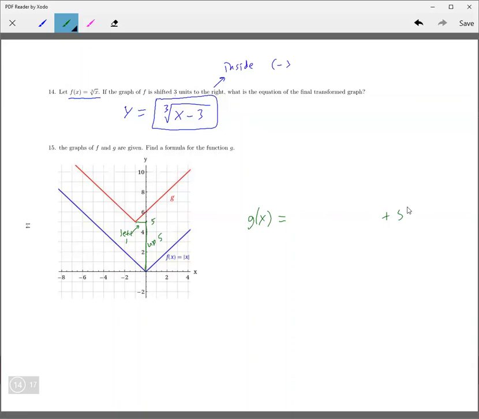To go up by 5, it's going to be a +5 on the outside. To go left, you're going to have a +1 on the inside. So you start with f of x equals absolute value of x, and this x is inside, so you put a +1 in there.